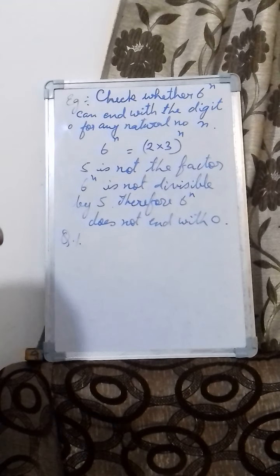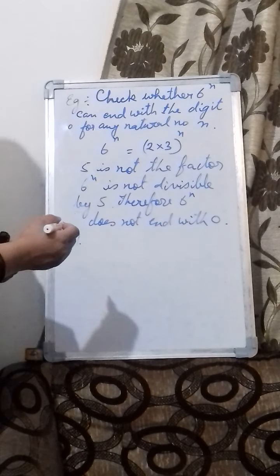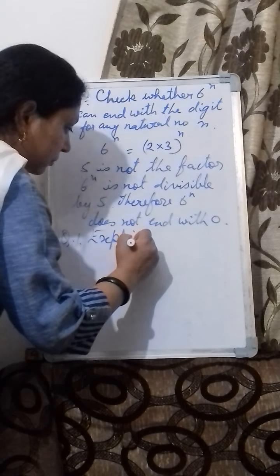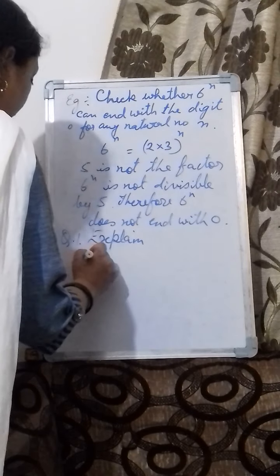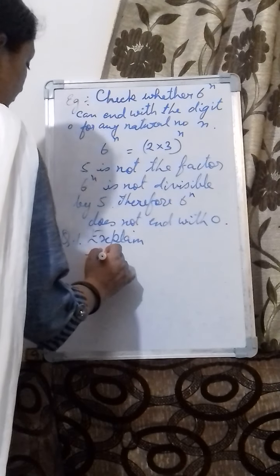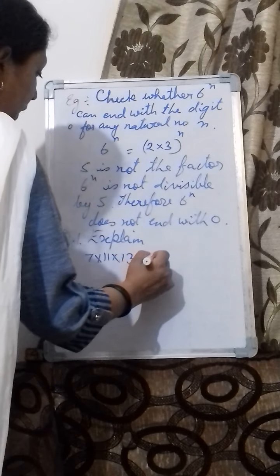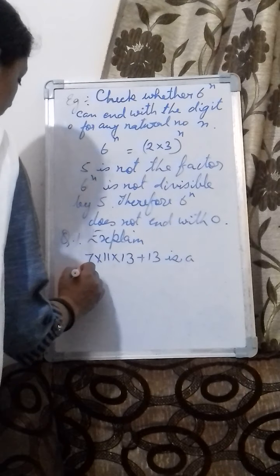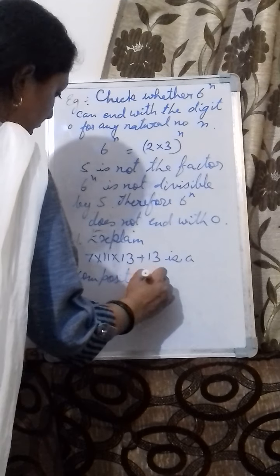Then the other question is, you have to explain why 7 into 11 into 13 plus 13 is a composite number.